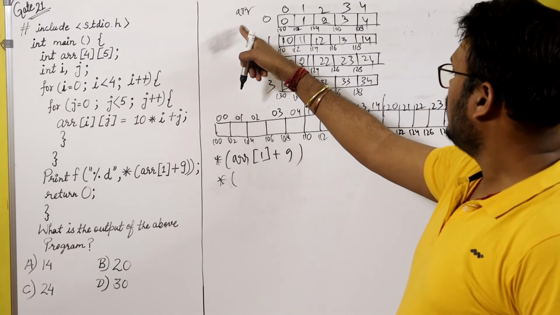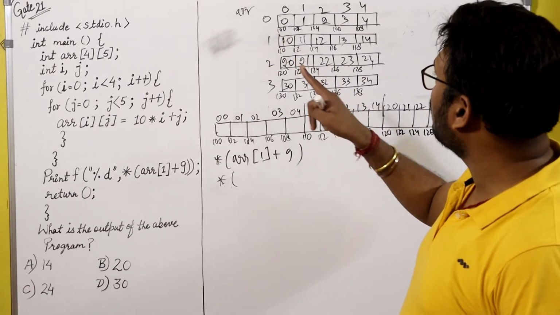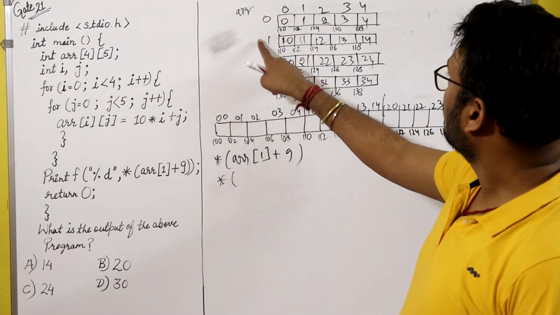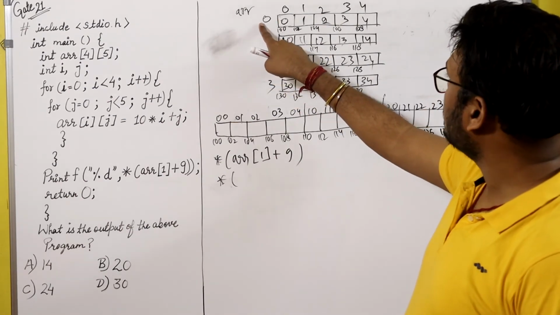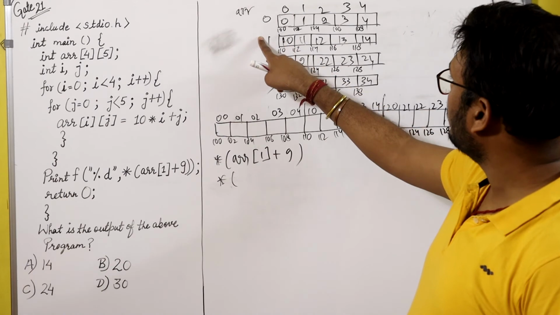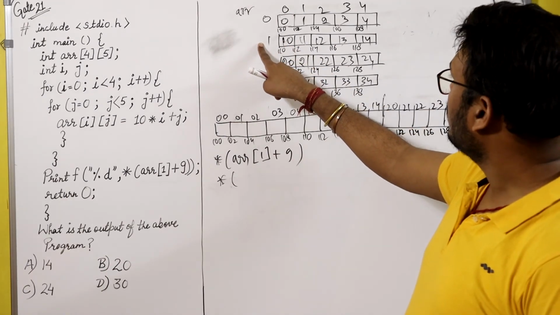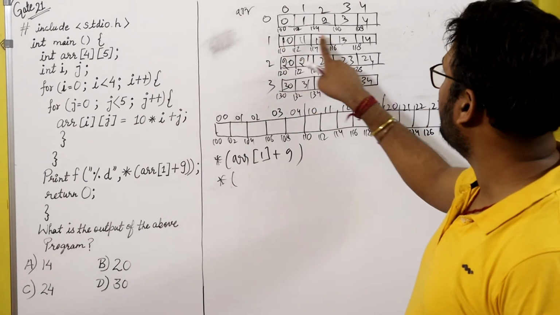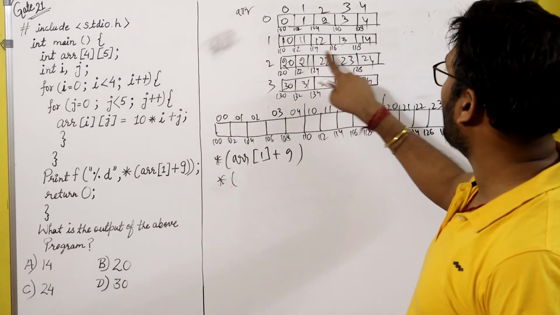Okay. ARR of 1. What is ARR of 1? ARR of 1 means this one, because this one is ARR of 0 and this one is ARR of 1. So ARR of 1 means we have to write the base address of this one-dimensional array.